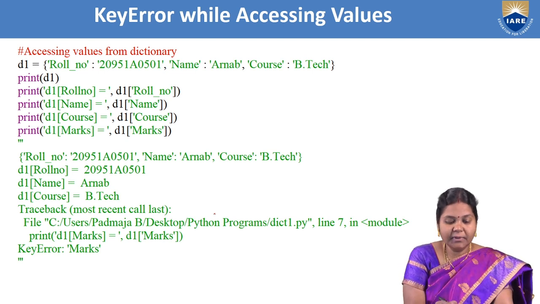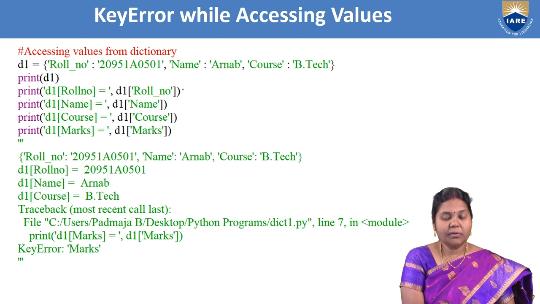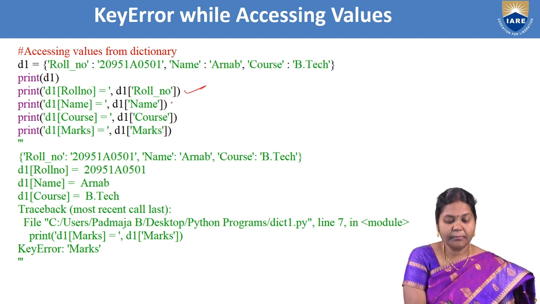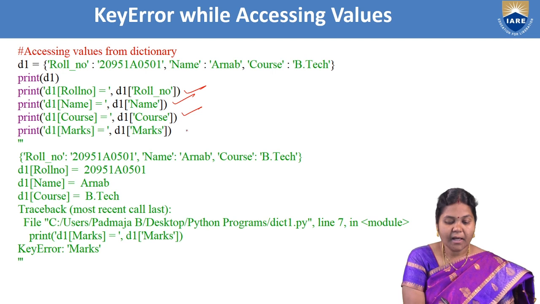Here D1 is the same dictionary consisting of three keys, roll number, name and course, and their associated values. Now, if you want to retrieve the values with the help of their keys, for example, D1 of roll number, D1 of name and D1 of course, these three keys are available in the dictionary, but this key is not available.